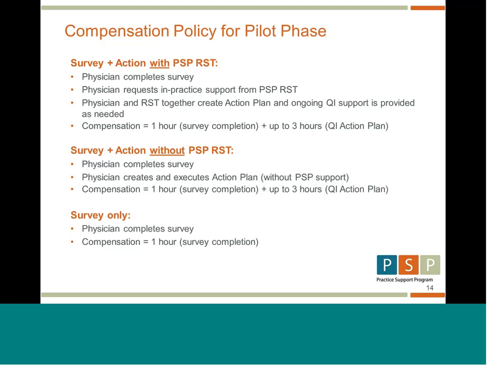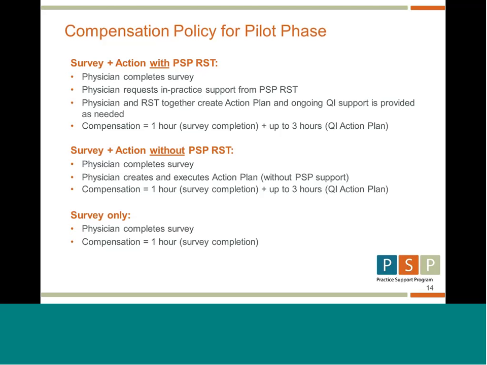So option 2 is doing the survey and doing some work on their own without any PSP support. They complete their survey, they create and execute an action plan on their own, and they still get an hour for the survey completion and up to 3 hours for their action plan work. Lastly, they can just do the survey and we'll compensate them an hour at the current sessional rate for doing the survey.